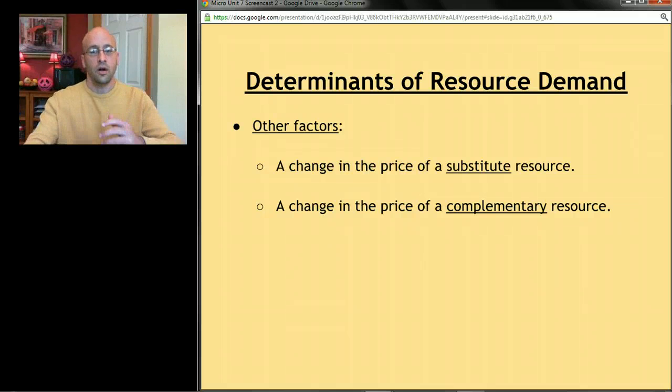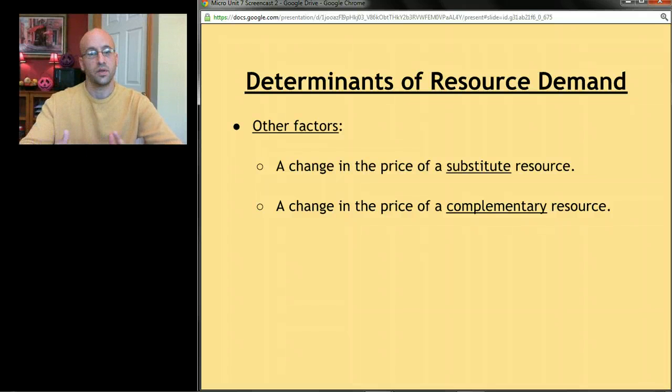All right. Other factors that might affect the demand for a resource would be the change in the price of a substitute resource. So let's say you're producing t-shirts and you could use either workers, for example, or machines. Well, if the price of machines goes down, that's a substitute resource, you can imagine what would happen to the demand for workers. Also, the change in the price of a complementary resource.